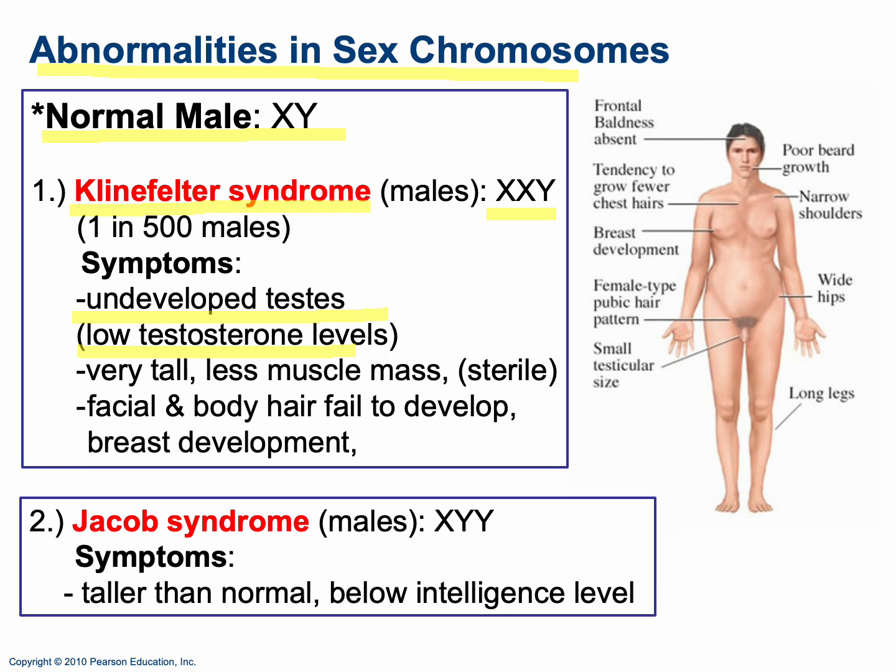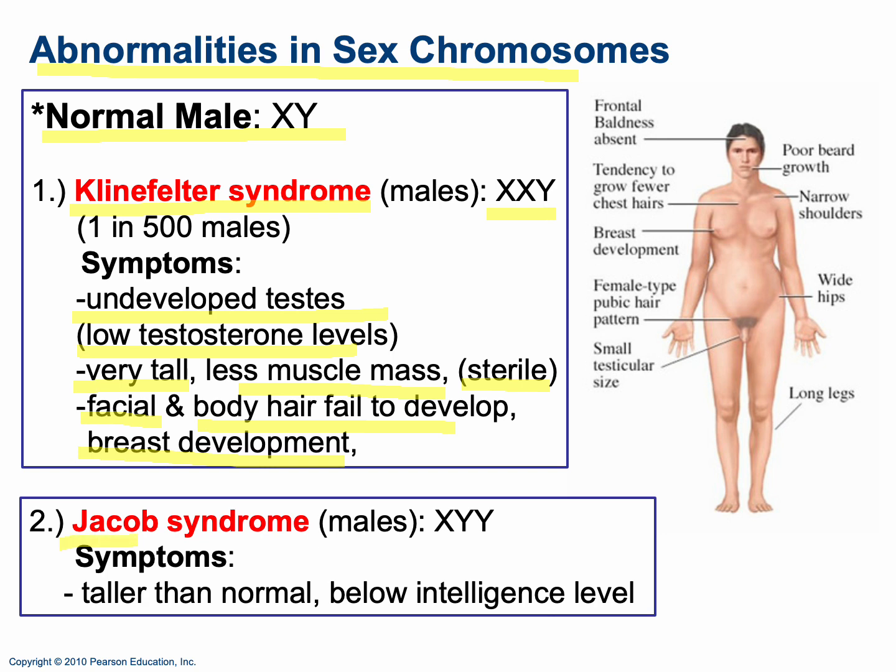They have very low testosterone levels. They're typically very tall and not a whole lot of muscle mass. They're born sterile because of the undeveloped testicles. Facial hair and body hair do not form, and they also have breast. So they might very well have higher levels of estrogen in comparison to testosterone.